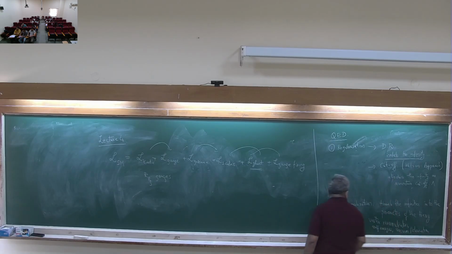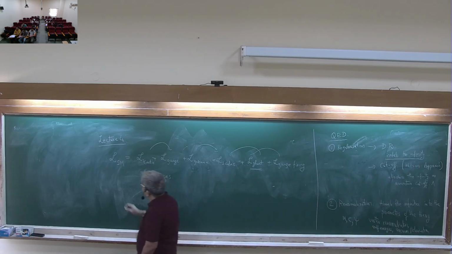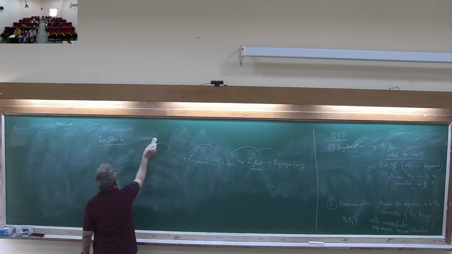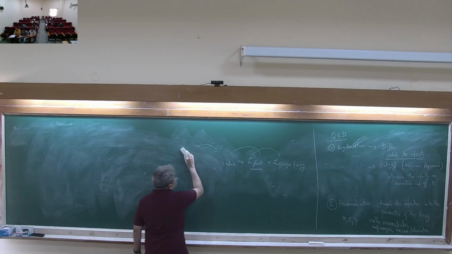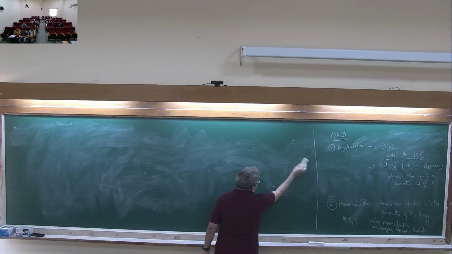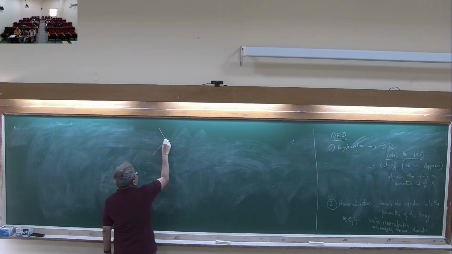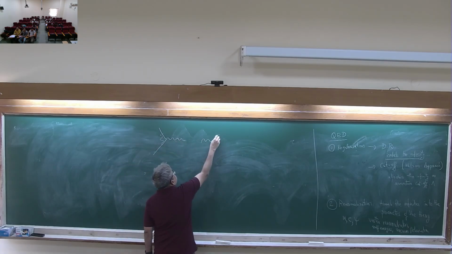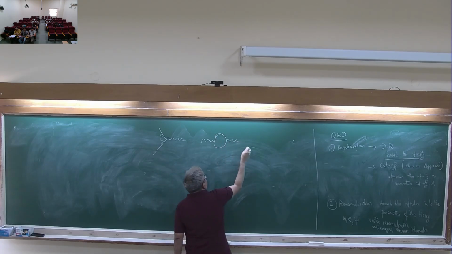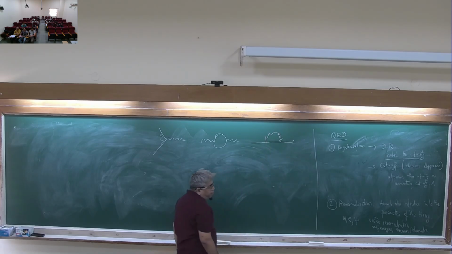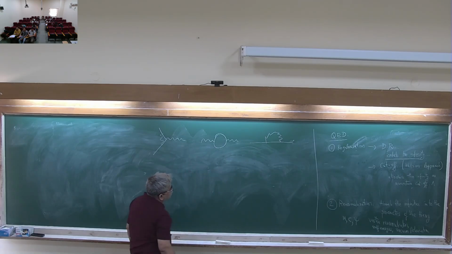We'll remember them in terms of graphs, much easier. The three main graphs you should remember are this correction and this correction. This is the self energy, this is vacuum polarization, this is the vertex correction.